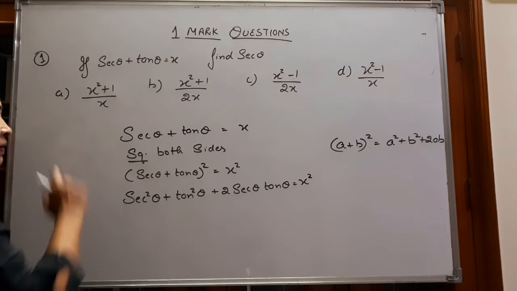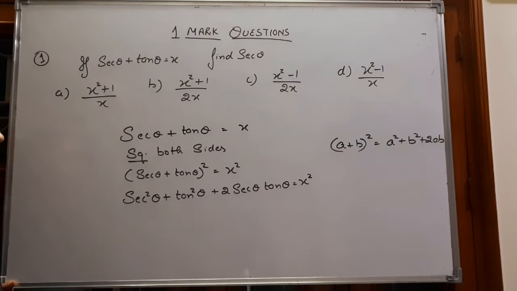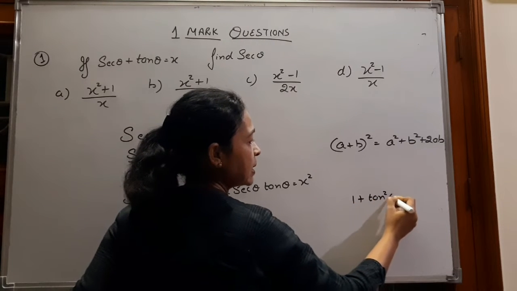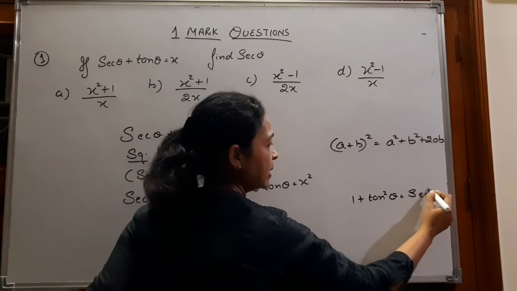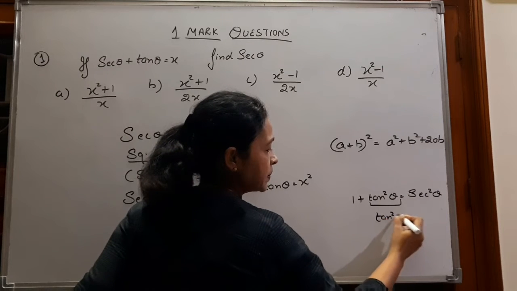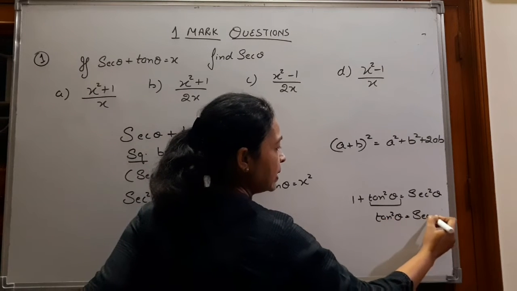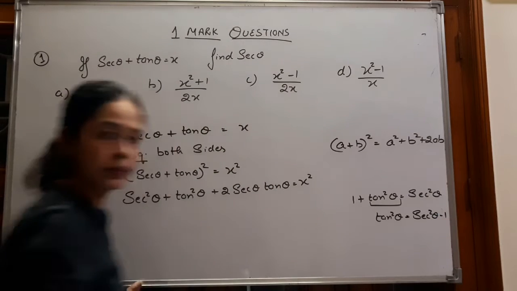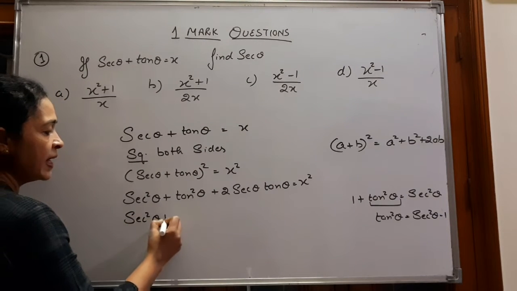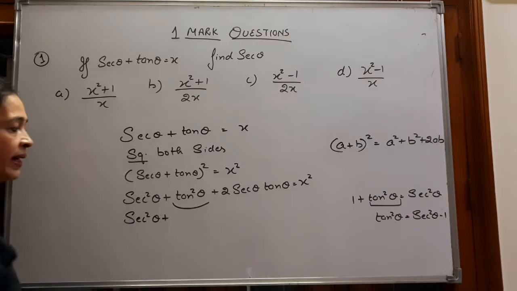Now we have to find the value of sec theta. 1 plus tan square theta equals sec square theta, and tan square theta can be written as sec square theta minus 1. We have sec square theta. In place of tan square theta, what will we write?